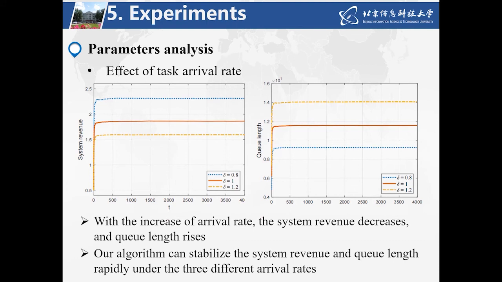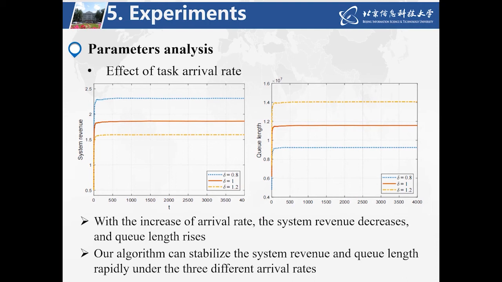On this page, we plot the effect of task arrival rate on our algorithm. We use 3 different colored curves to represent the 3 different task arrival rates. The left picture shows the system revenue with the different arrival rates, and the right picture shows the queue backlog with the different arrival rates.